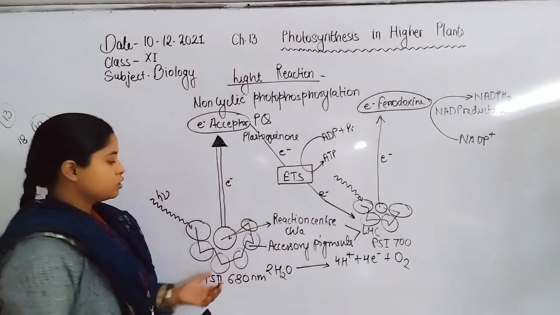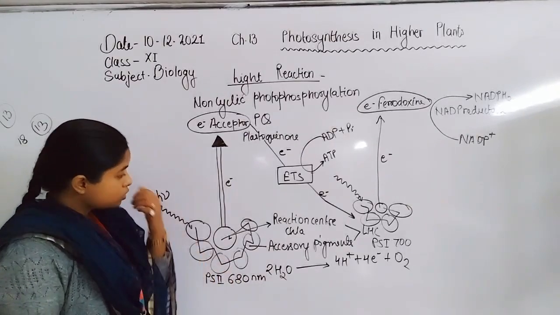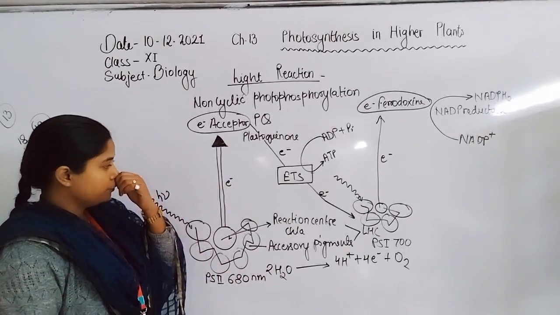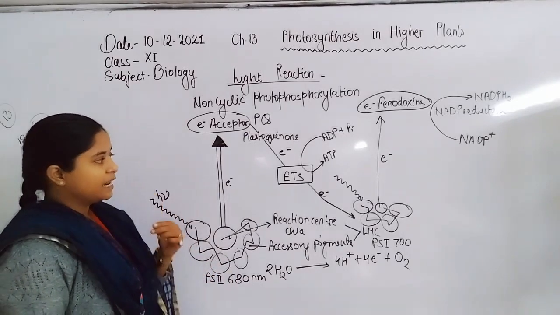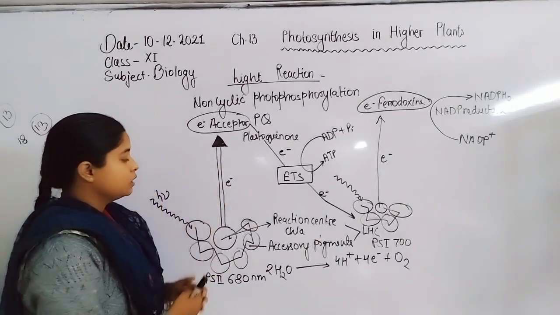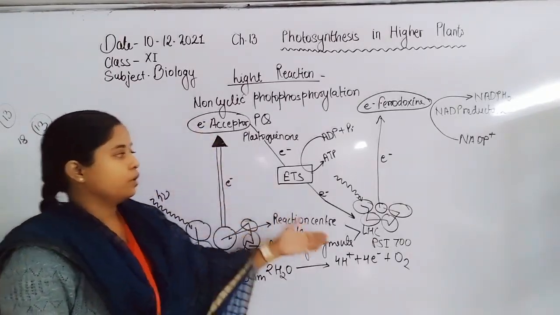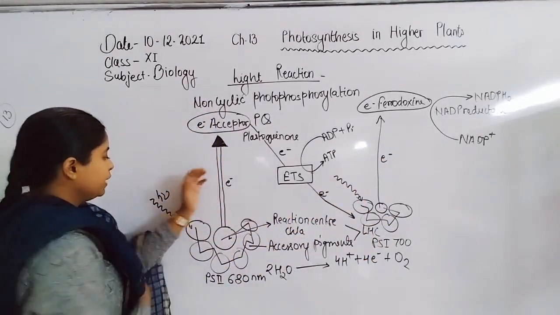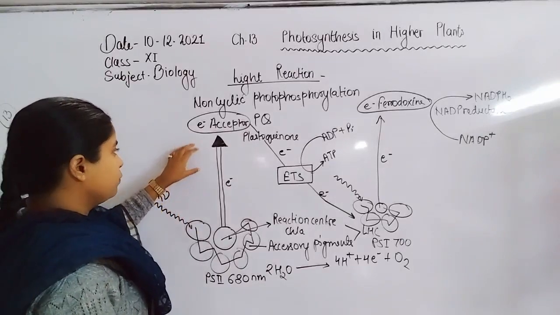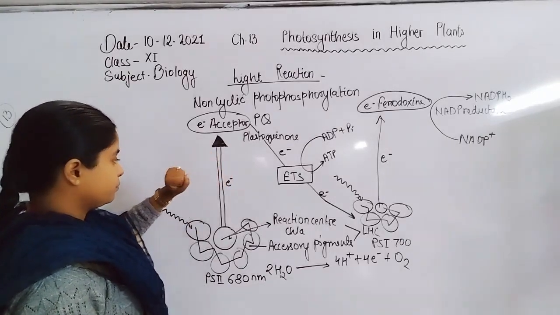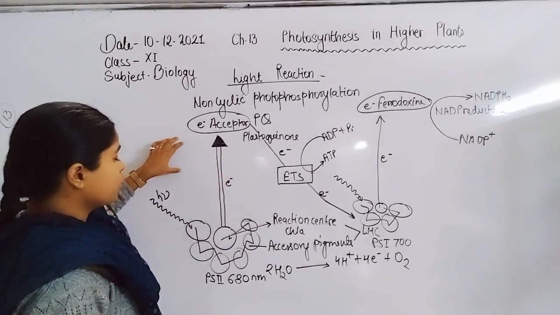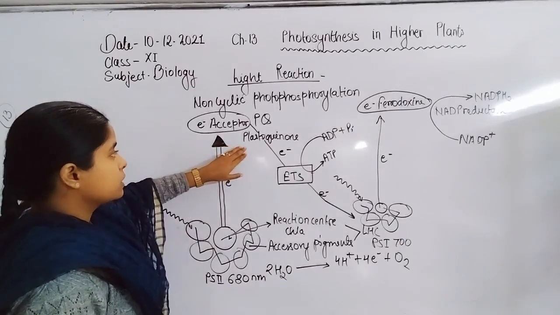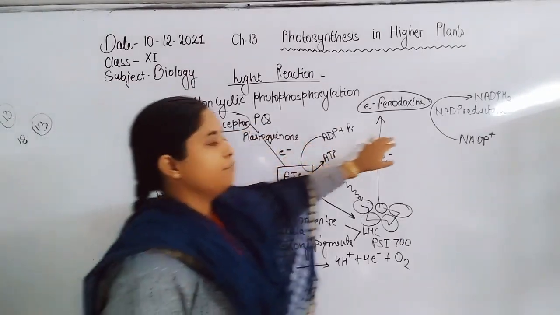So this is the process of non-cyclic photophosphorylation, where the electron moves in a Z scheme, in a zigzag manner, in uphill manner, then downhill manner, then uphill manner. That is the movement of electron, accepted by electron acceptors plastoquinone and ferredoxin.